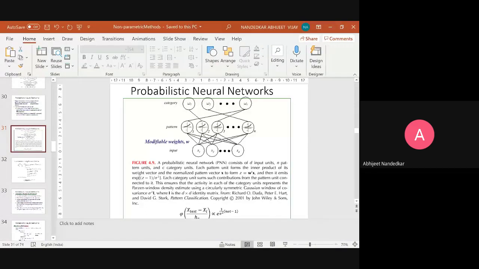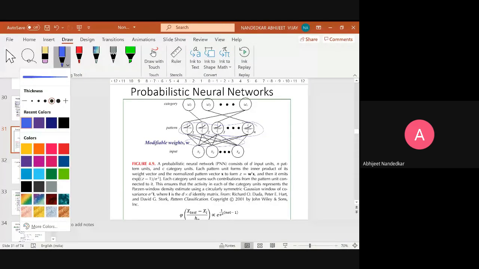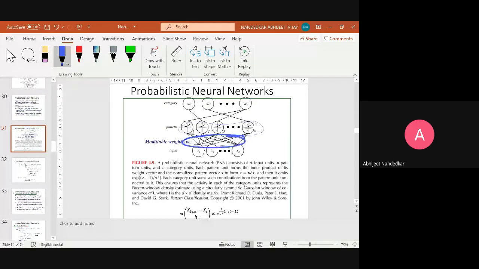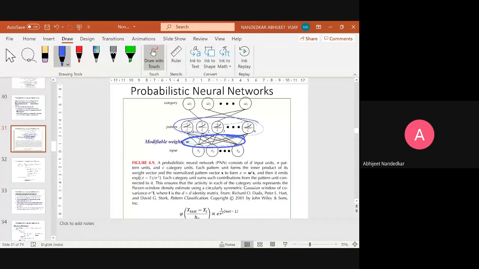The basic concept was you will be provided training samples and they will be residing here as weights of this network, and you will have activation functions which are like normal distribution function with center at xi and x test is your input. So that we have seen in last class.